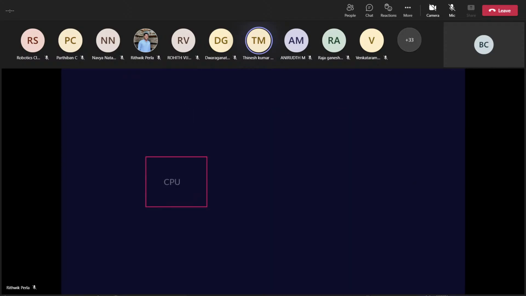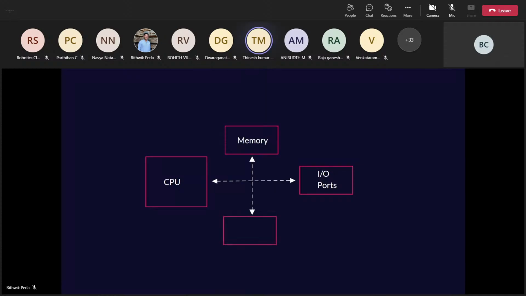First, a microprocessor is like a single entity. It can only process data and output data. If you give an input, it will process it and give a specific output, only if you connect the memory unit, input-output ports, and clock externally. A microprocessor doesn't have memory, input-output, or clock internally.